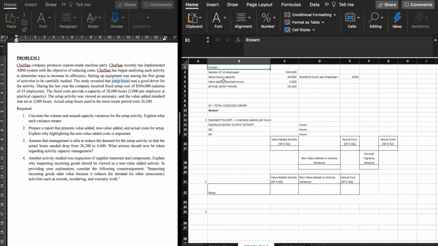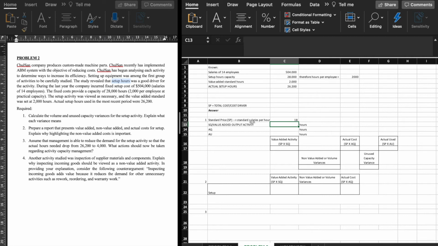So this is the known information: the salaries of 14 employees, setup hour capacity, value added standard hours, and the actual setup hours. To answer the first question, we need to calculate the standard price. Standard price is total cost divided by the cost driver. The total cost is the total of the salaries, and the setup hour capacity, or cost driver, is 28,000.